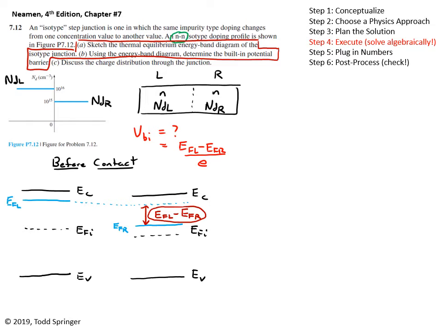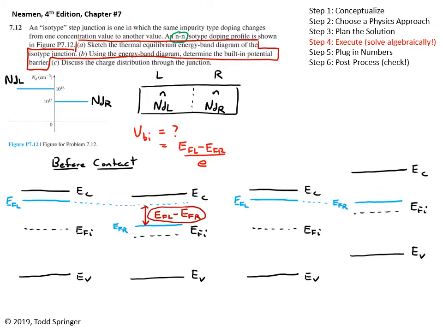Let me draw it again now. When they're put into contact, I'm just going to take this same diagram. I'm going to shift the right side upward so that everything lines up. So that's what it looks like. I've shifted the graph on the right upwards so that that blue line, the Fermi energy, lines up between the two sides.